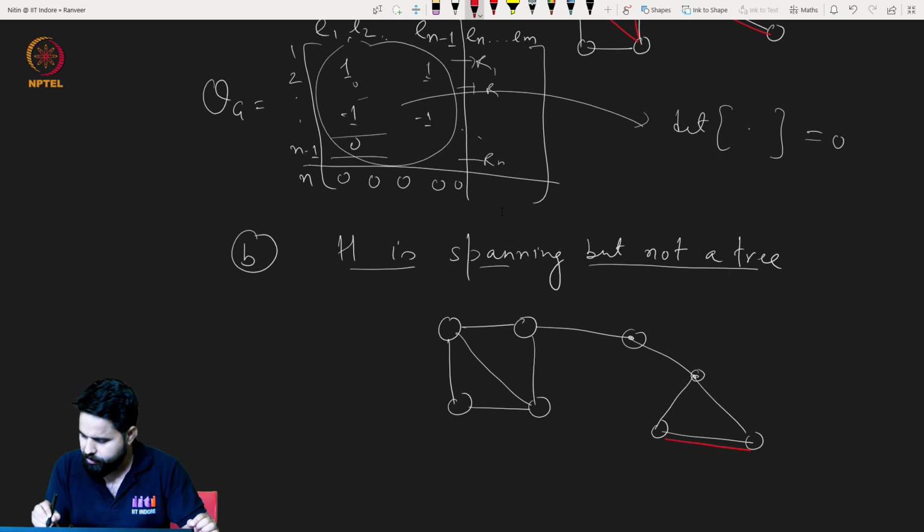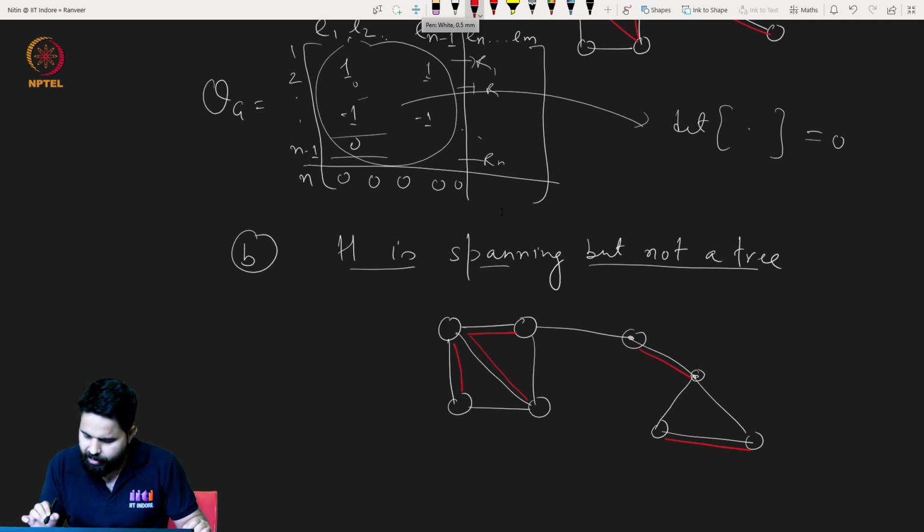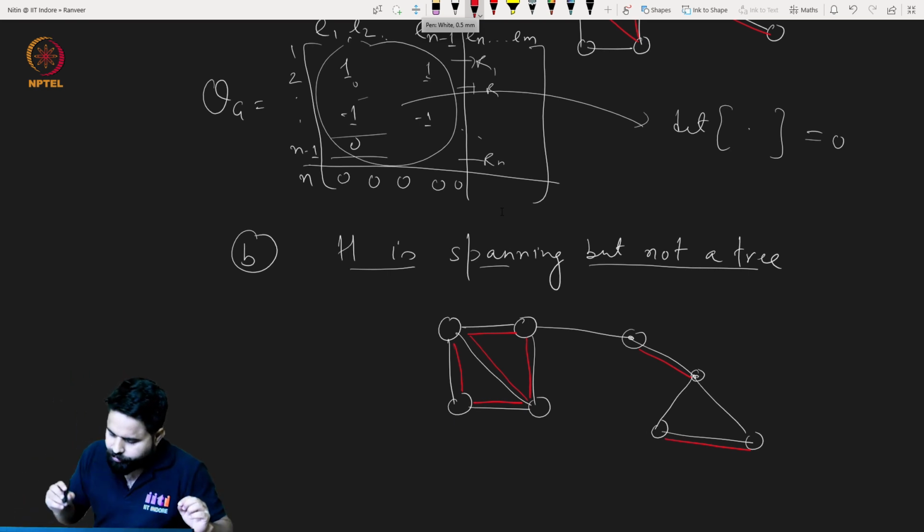So this is covering all this, and maybe this one. So E1, E2, and then how many? This vertex is covered. These two, this is also covered. Every vertex is covered. But how many vertices were there? 8. But how many edges have I chosen? Only 5. So I have to choose 2 more, right? Maybe I can choose this, and maybe this. Very good. So there were 8 vertices, and I have now chosen 7 edges.